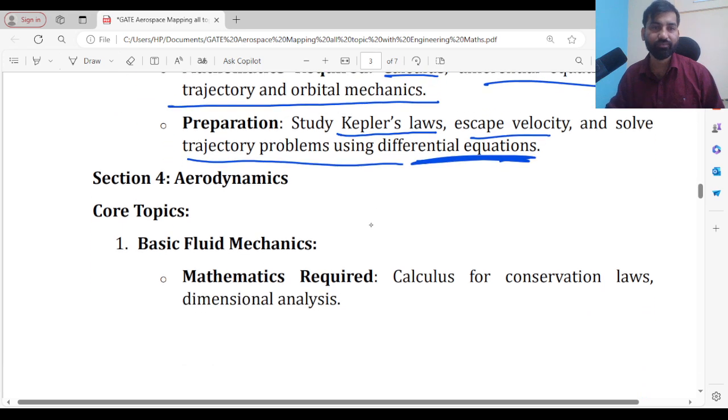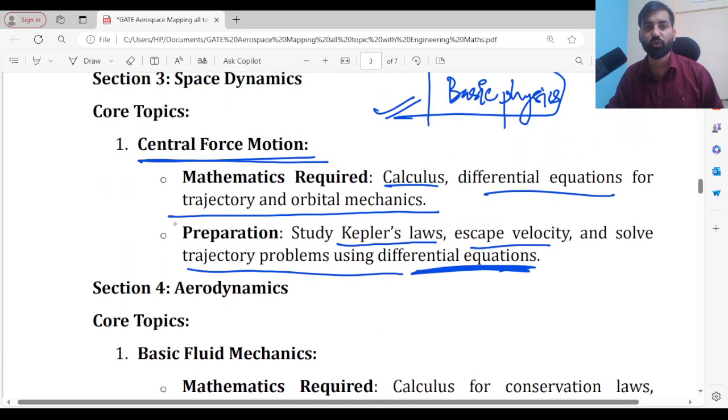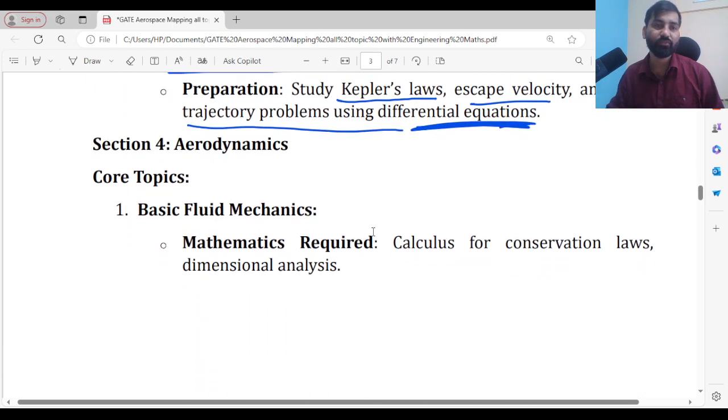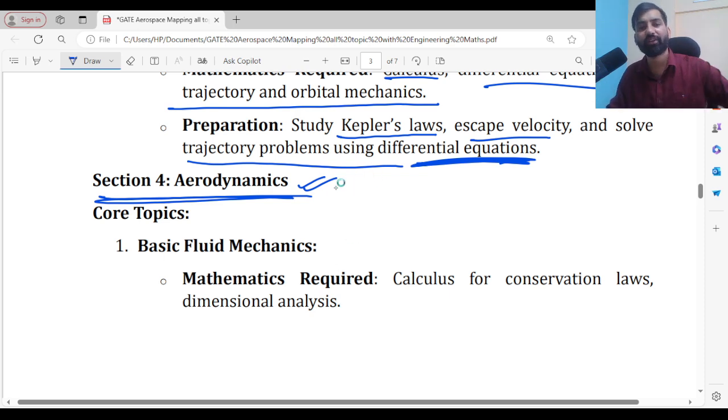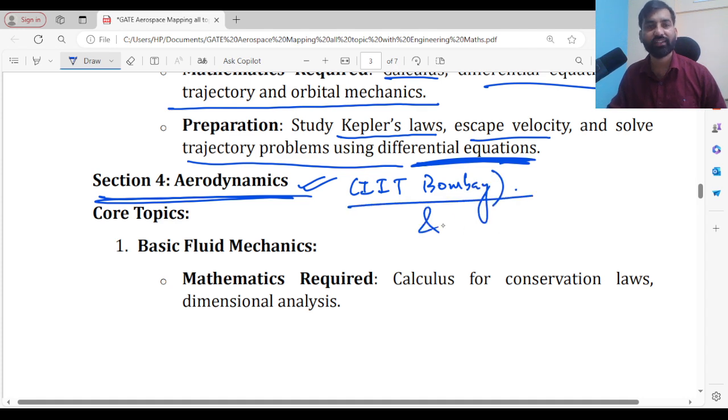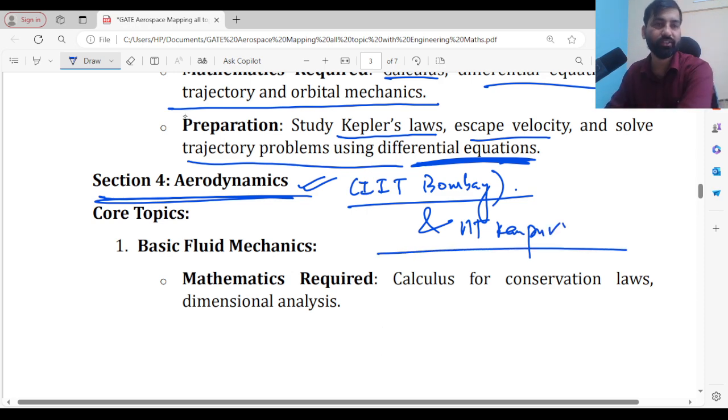Next are the core topics. Section 4, I'm just going to land in section 4, that is nothing but aerodynamics. In my team, there is one guy who is taking care of aerodynamics. He's at IIT Bombay. And one guy is at IIT Kanpur as well, who is taking care of aerodynamics, right?